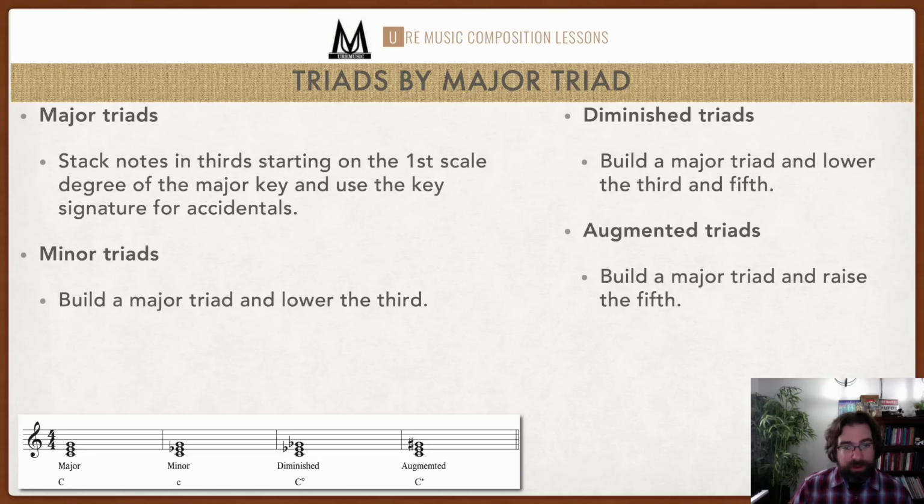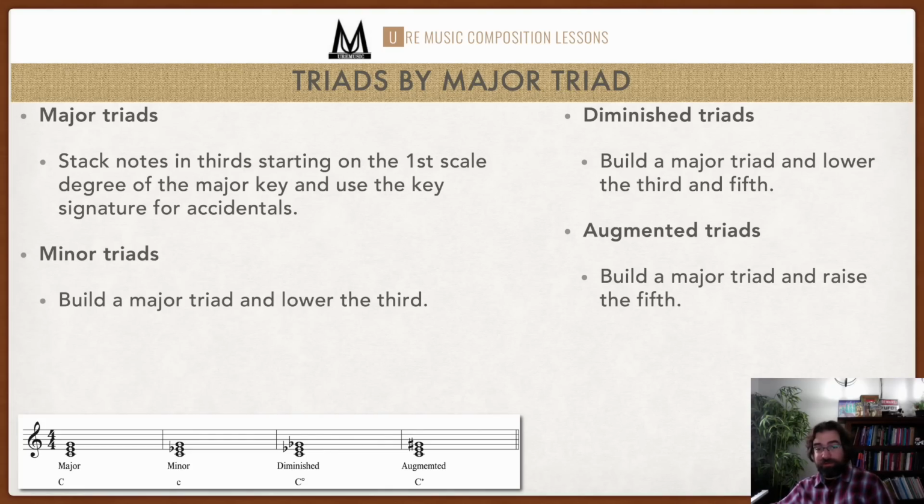So you can also do this by scale degree, which I talked a little bit about in the last lecture. So if we're in the key of C major, the first scale degree, if you build a triad in thirds using, let's say, C major as the base, or the first scale degree, you have C, E, and G. The minor triads are going to occur on scale degrees 2, 3, and 6.